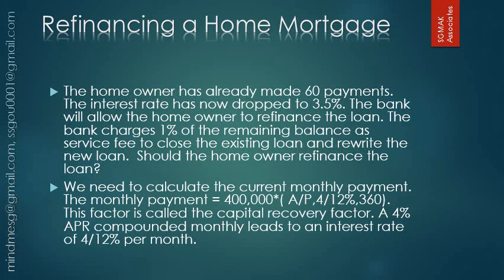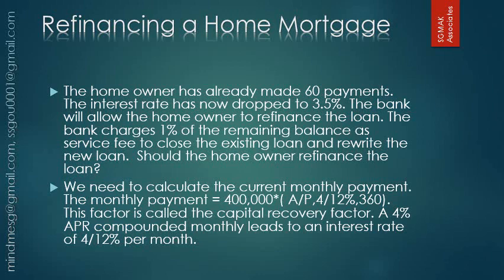First, we need to calculate the current monthly payment. Under the current plan, the monthly payment is $400,000 multiplied by the capital recovery factor, A over P, which converts the present value P to an annuity A. Present value is the price of the house, the amount borrowed, 400,000. Interest rate is 4% APR or 4 over 12% per month, and you are planning to make 360 monthly payments for a 30-year loan.